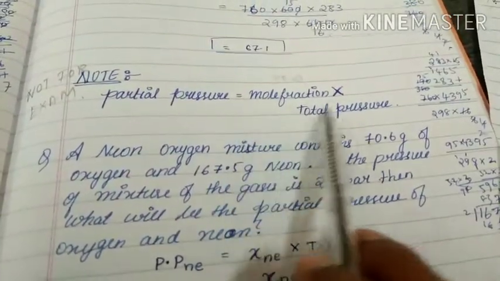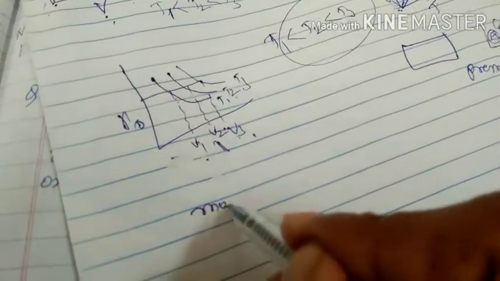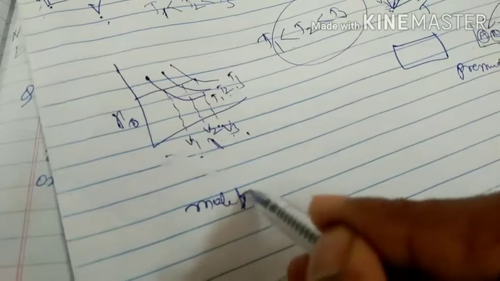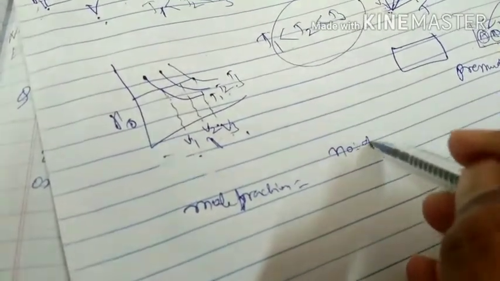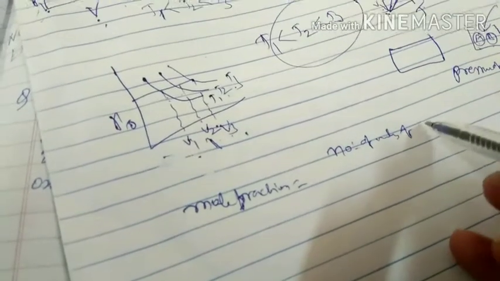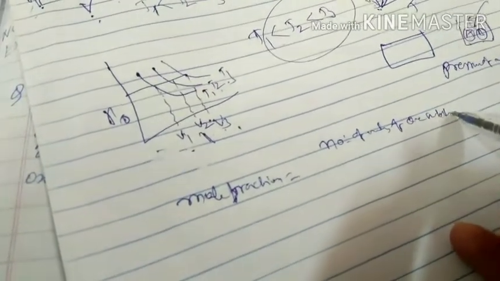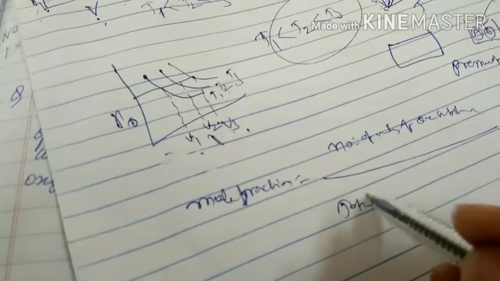You know that. Then what about mole fraction? Simple. Mole fraction is equal to number of moles of one substance by total number of moles.